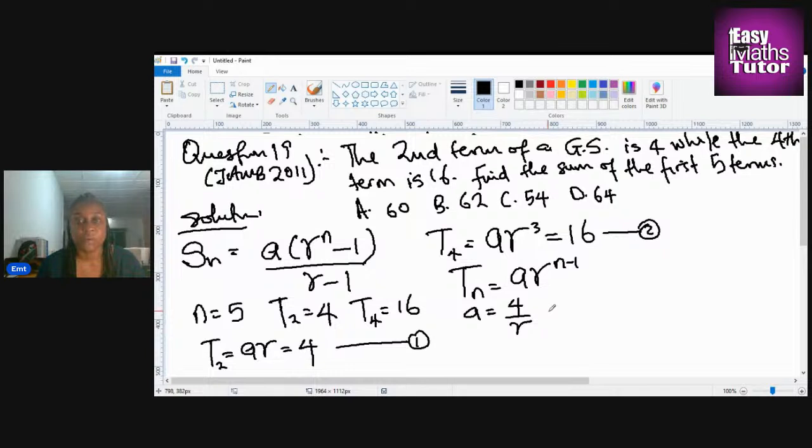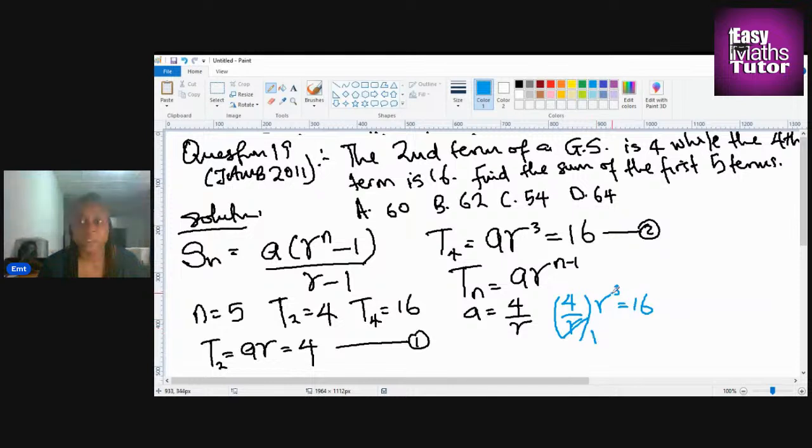Okay, now substituting a into equation 2, we will have 4 over r for a, times r raised to power 3 equal to 16.